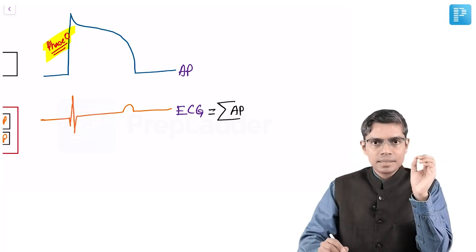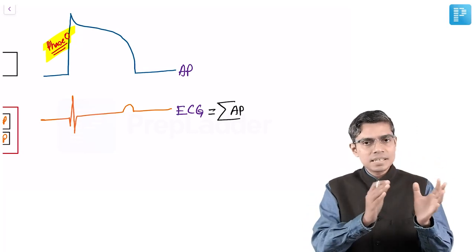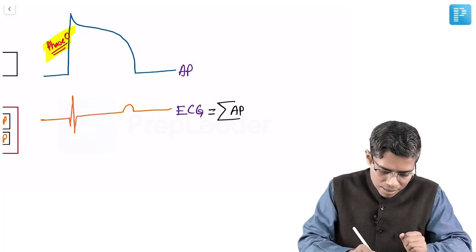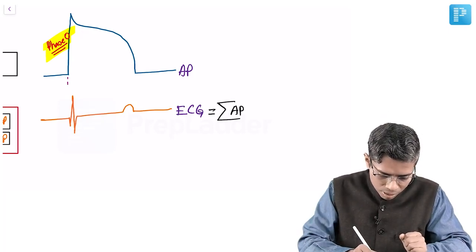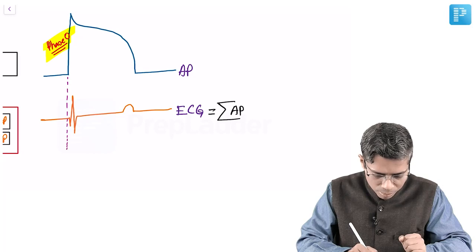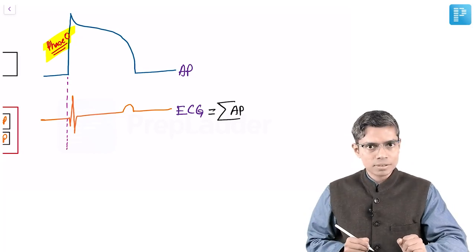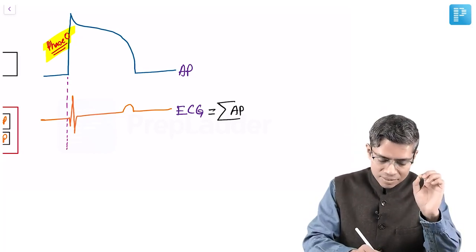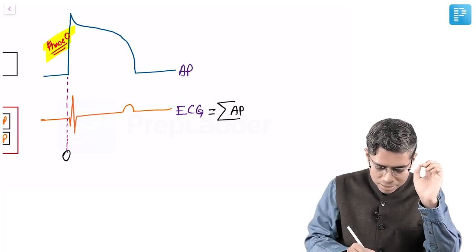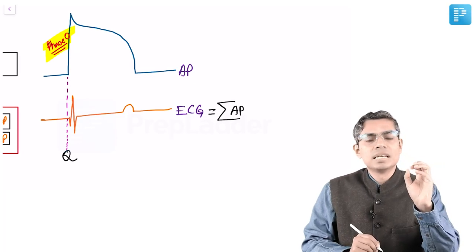So if ECG is a summated version of the action potential, then this phase 0 should coincide with the origin of the QRS complex also? Answer is yes. Why not?